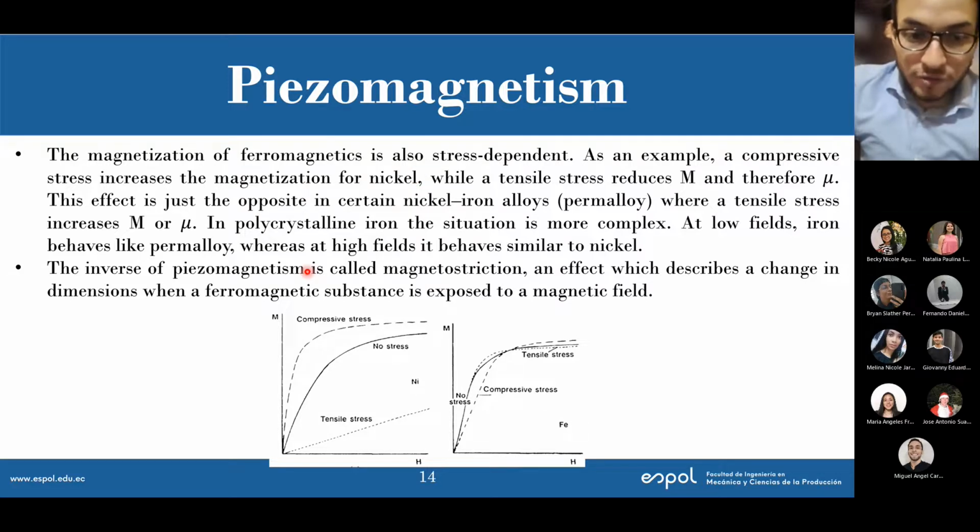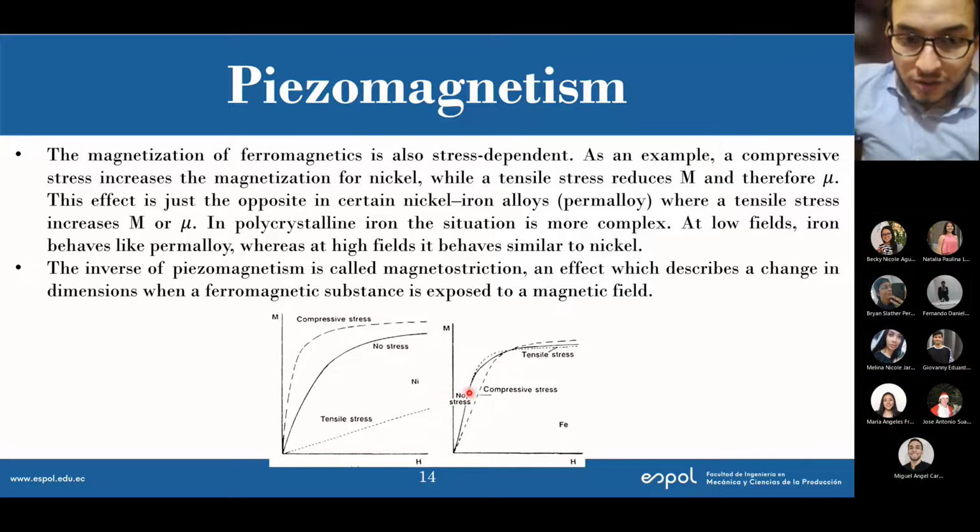You can see here for nickel, when I have no stress, I have a value, right? With compressive stress, I increase the magnetization. With tensile stress, I reduce the magnetization. Whereas in iron, it's the opposite, as we said.